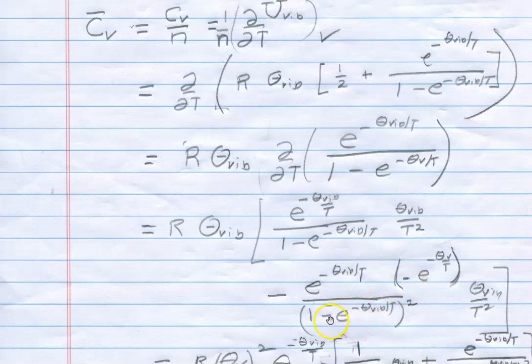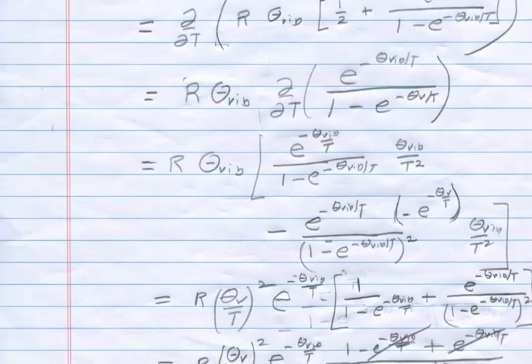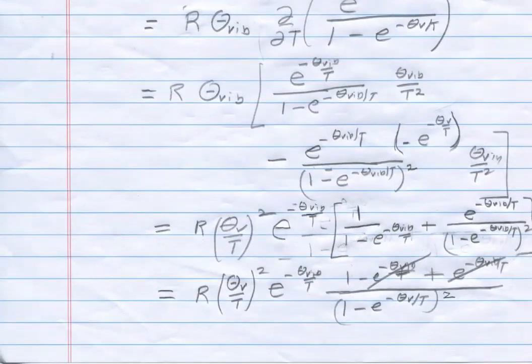I pick up this minus sign, and then because the derivative of an exponential is just the exponential back again, this minus sign comes from this subtraction. And then I have to take the derivative of the exponent, which again is that same factor, theta vibration over T squared. So that's the way I would probably attack it.